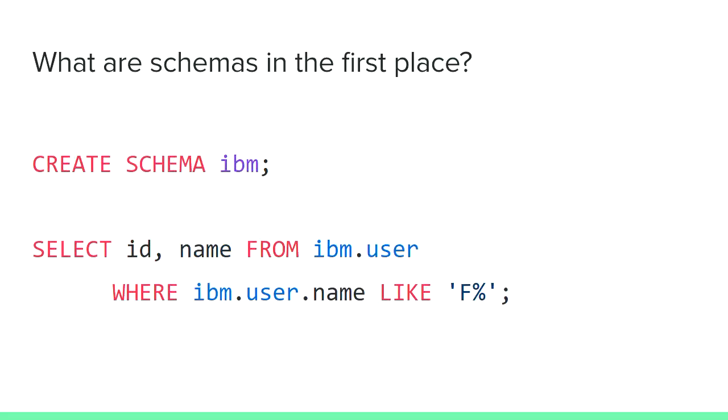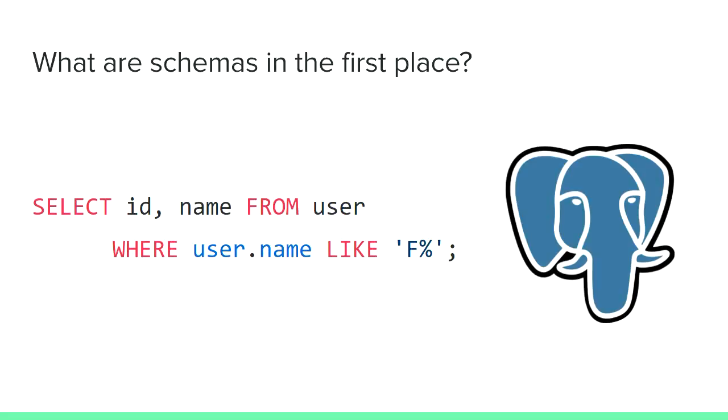If you have ever used Postgres, you have already used schemas, because by default it uses a schema. Whenever you do select id, name from user, you are already using the default schema from Postgres.